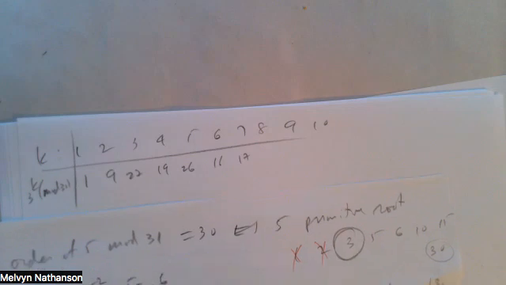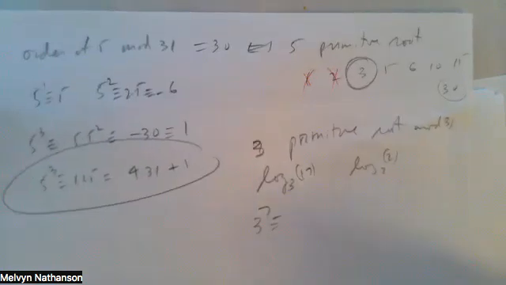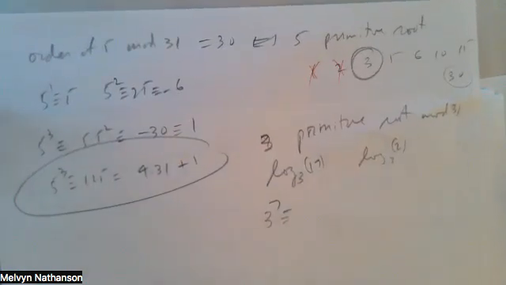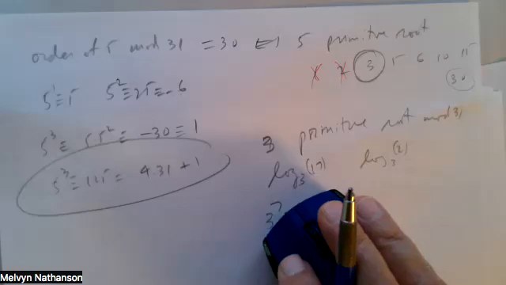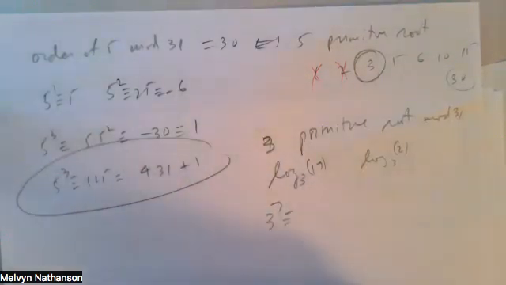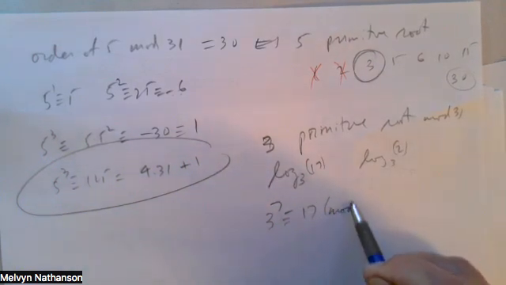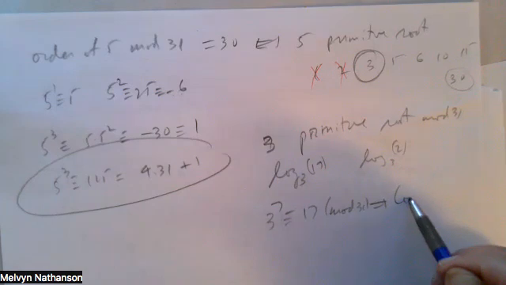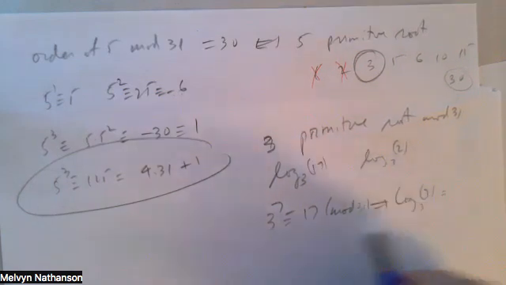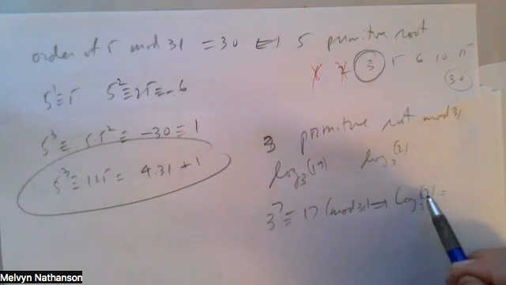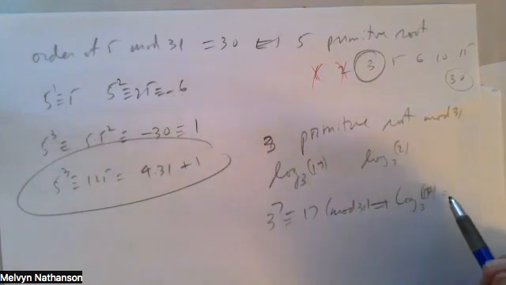So 3 to the 7th congruent to 17 mod 31 means the log of 17 to the base 3 is 7.